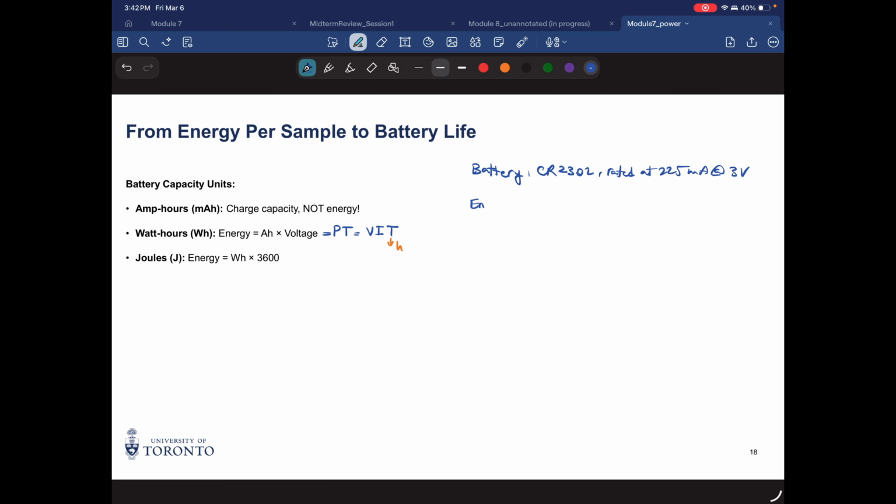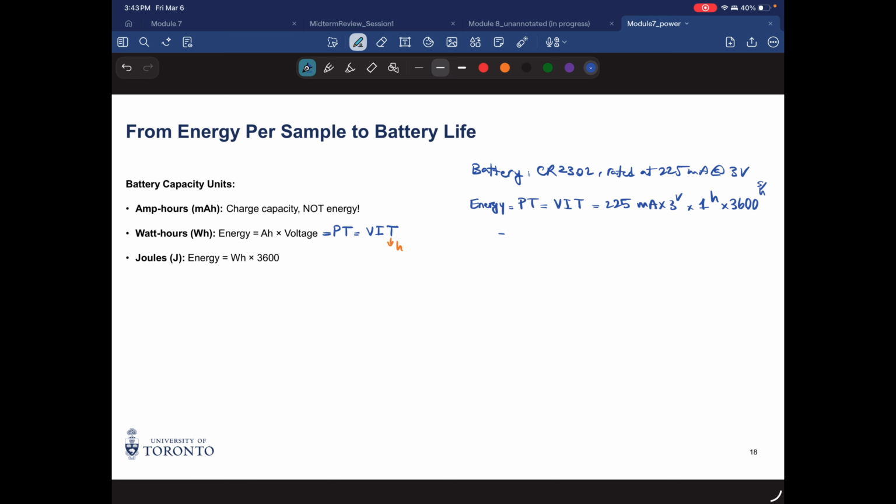The total energy of it is, again, energy is power multiplied by time. Power is VI multiplied by time. So that's 225 milliamp multiplied by 3 volt. Let's say we have 1 hour, and then we multiply this by 3600 to get to seconds, which is second per hour.